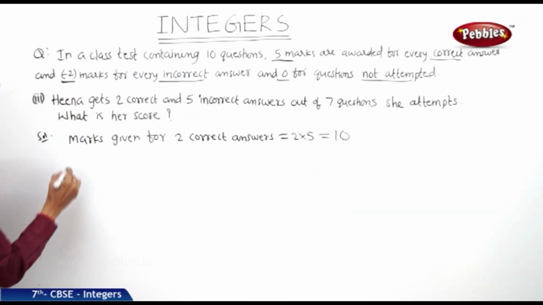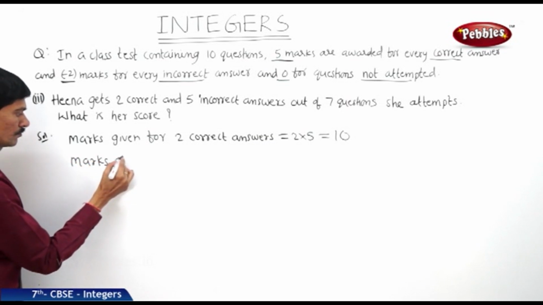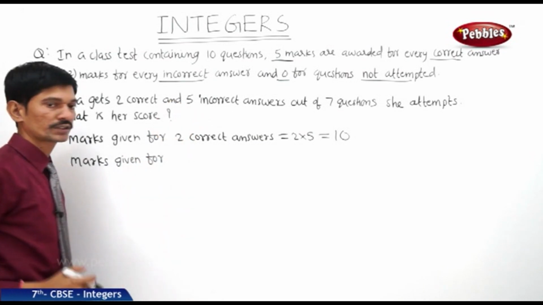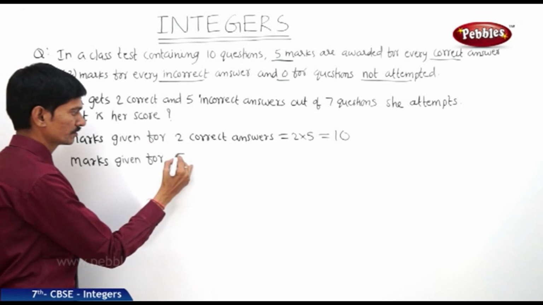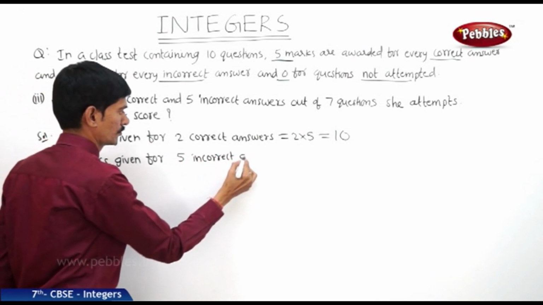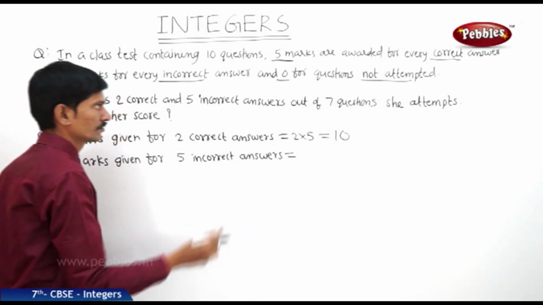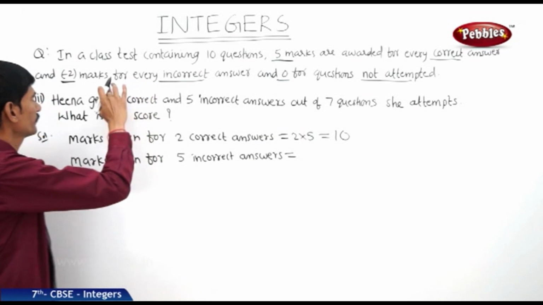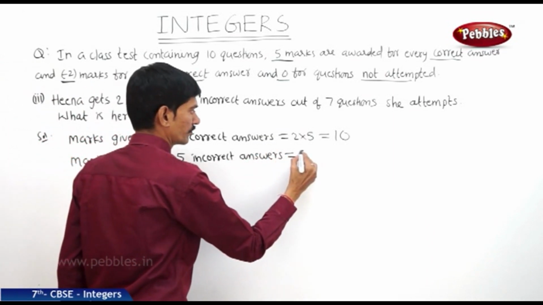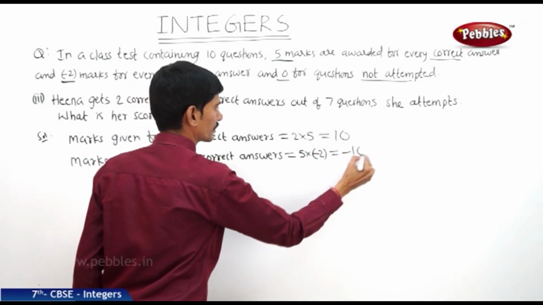And marks given for 5 incorrect answers. Here minus 2 marks are given for every incorrect answer. So for 5 incorrect answers, 5 into minus 2, so that is minus 10 marks.